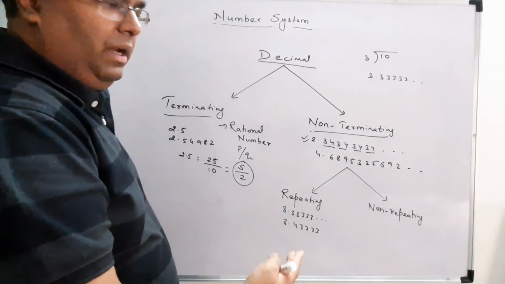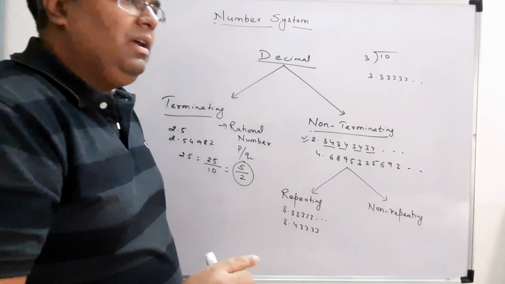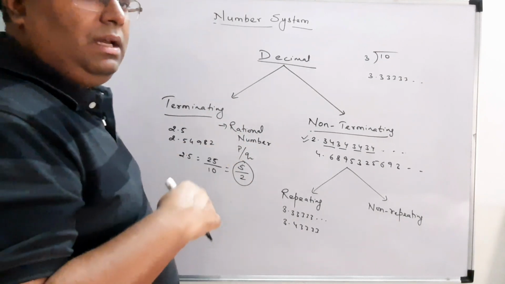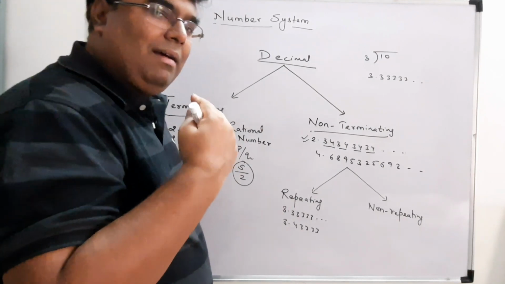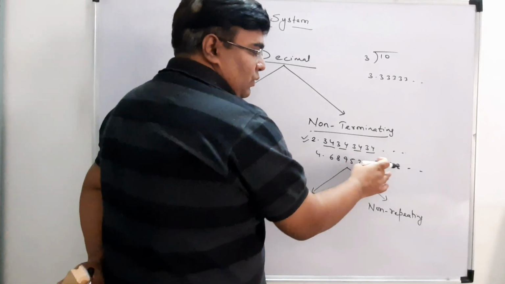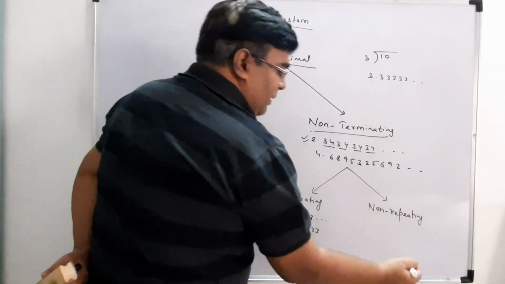Okay, non-repeating, it means simply that it will not repeat itself in a similar manner or after some interval, but numbers will be coming at random like this, 4.6895325669. So any number can come at any place.